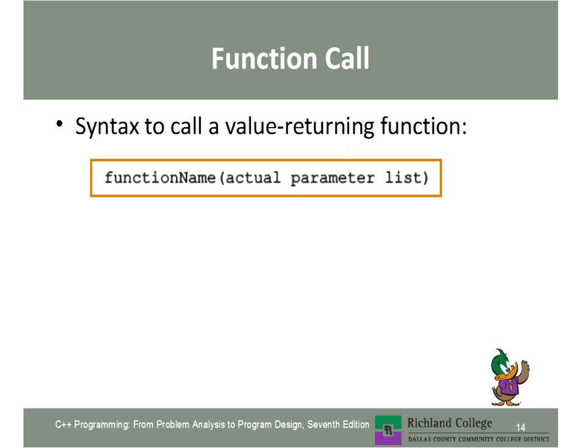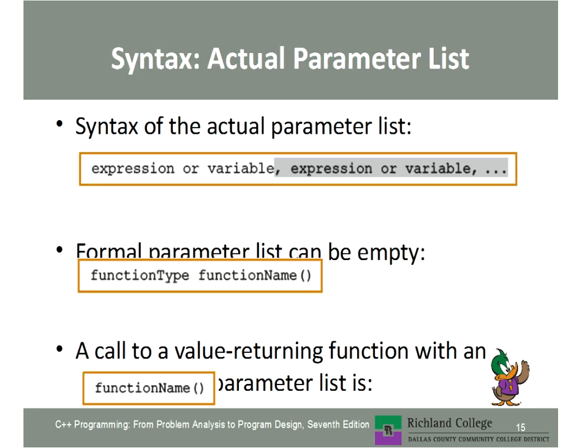Well, you can't really use an identifier until you have declared that identifier. At that point, you already specified the data type. So in the function call, we don't worry about the data type.